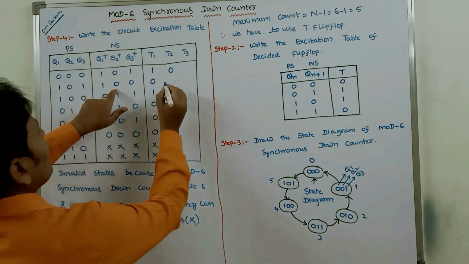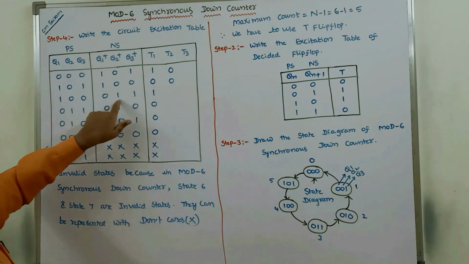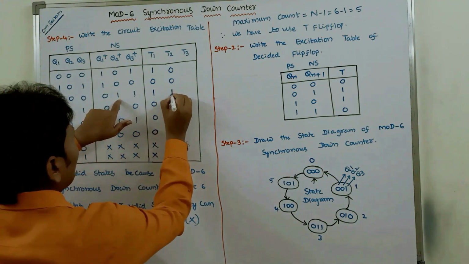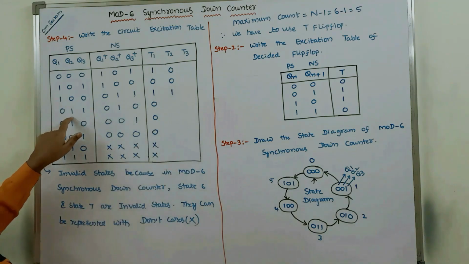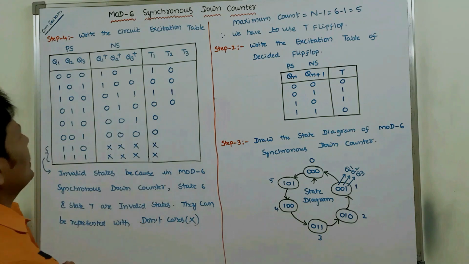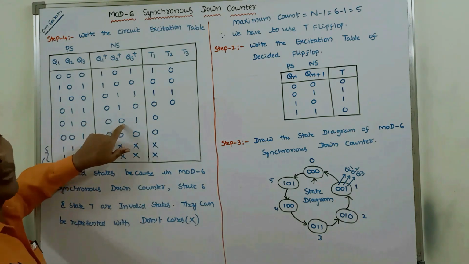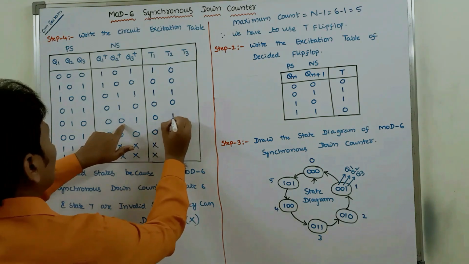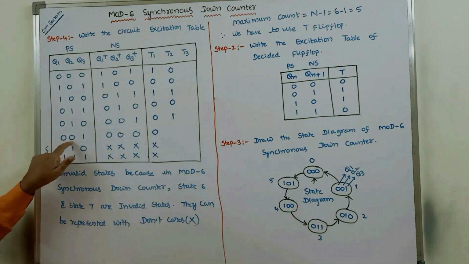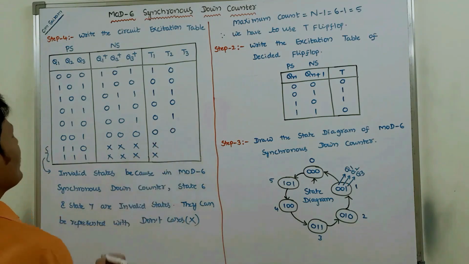Both inputs are same, T2 value is 0. Here 0, here 1. Both inputs are different, T2 value is 1. Here 1, here 1. Both inputs are same, so then T2 value is 0. Here 1, here 0. Both inputs are different, T2 value is 1. Here 0, here 0. Both inputs are same, T2 value is 0.